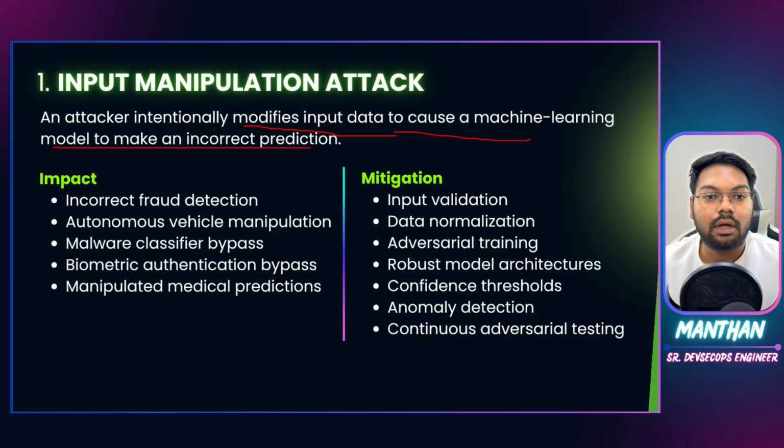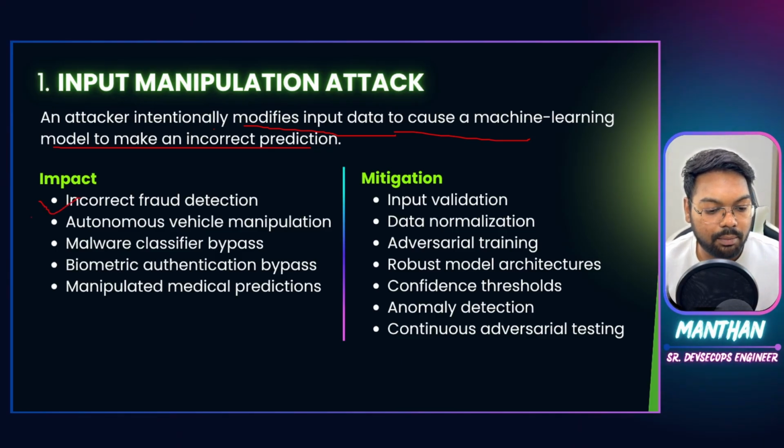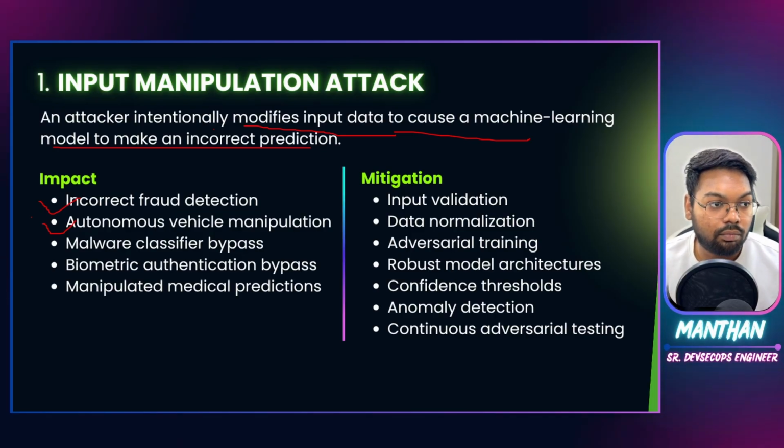So that is what happens when someone manipulates using different kinds of inputs and trains the model over time. The impact could be incorrect fraud detection. Then autonomous vehicles, if there is some model that is driving a vehicle autonomously, that could be manipulated.